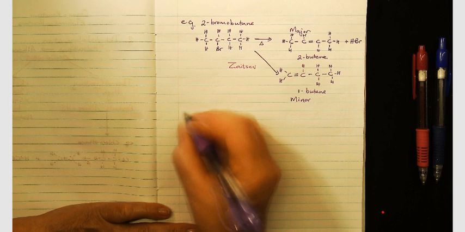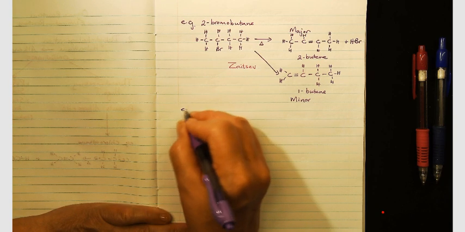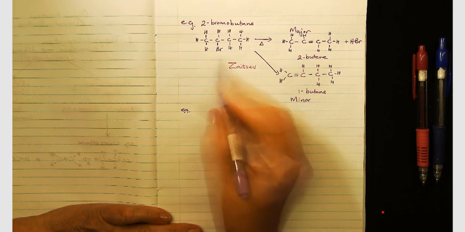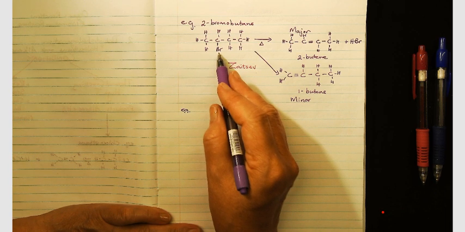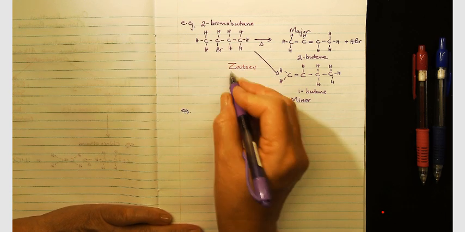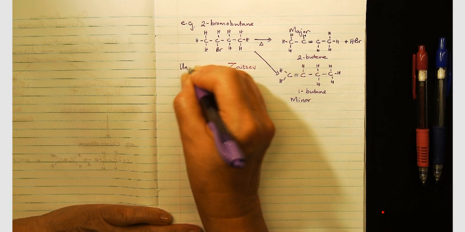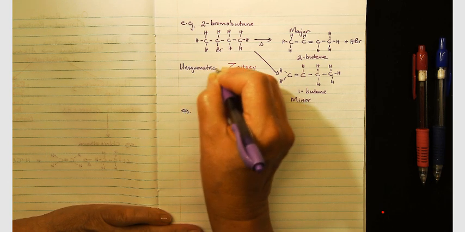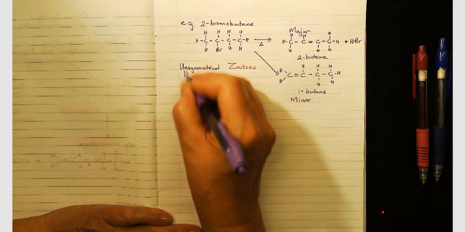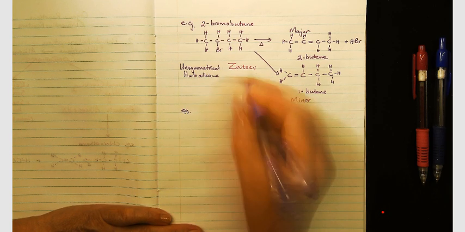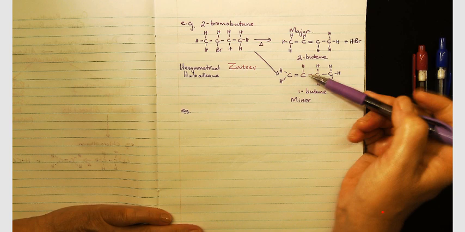Right, another example. Now I haven't mentioned this, but this is an unsymmetrical haloalkane. When we have an unsymmetrical haloalkane, you have 2 possible products.